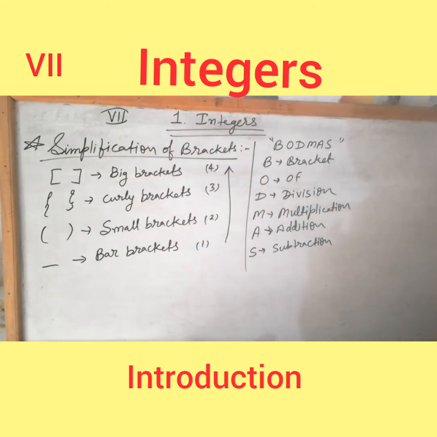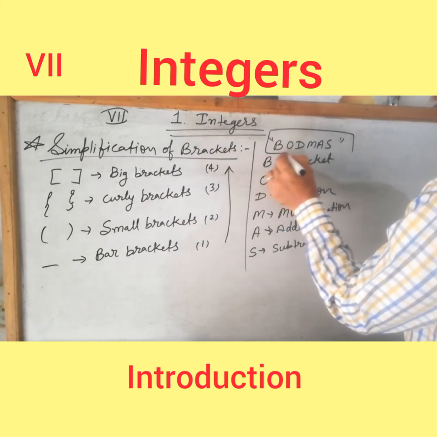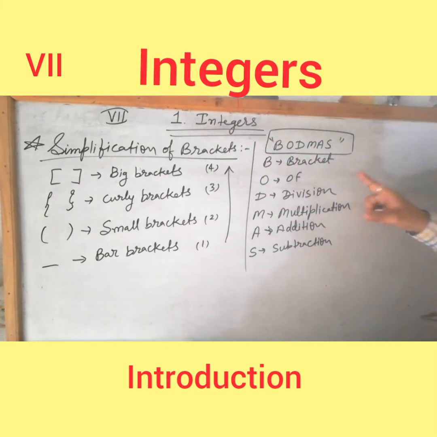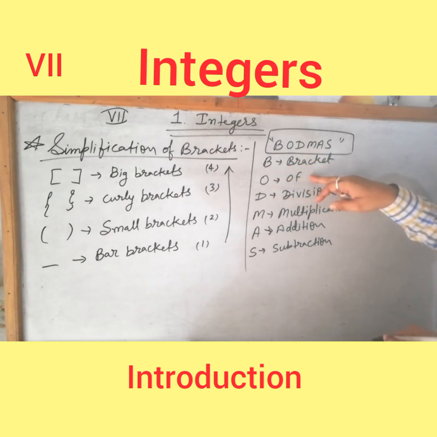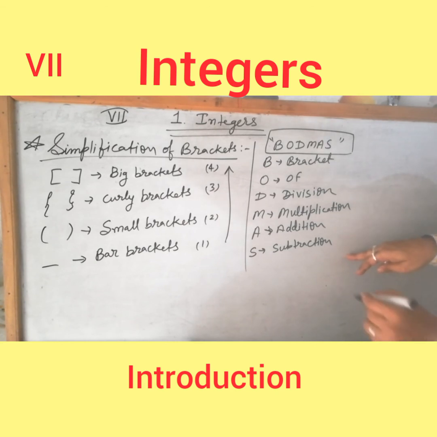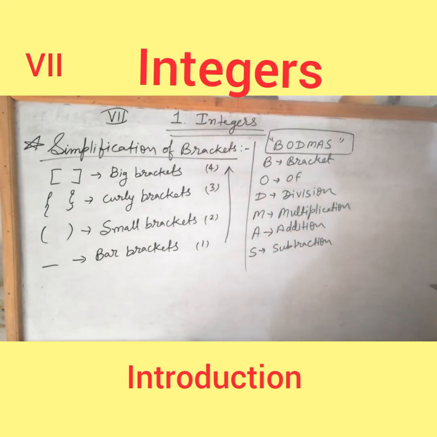Now another one, you already know this rule, that is BODMAS. BODMAS means B for brackets, O for of, D for division, M for multiplication, A for addition, and S for subtraction. So this is the sequence. Whenever all signs come together, plus, minus, divide and multiply, which sign do we use first?